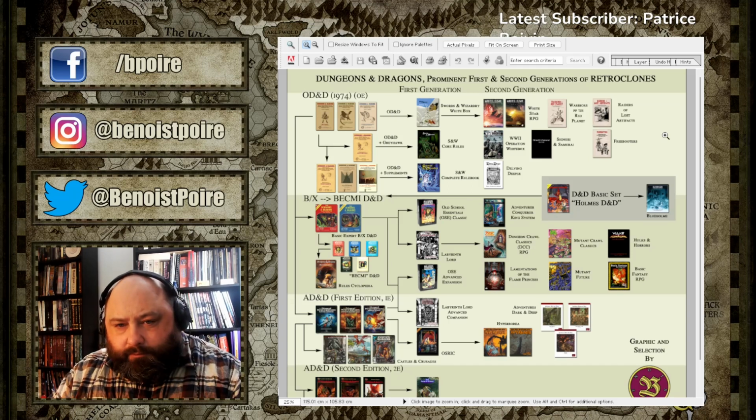Now, we have a few elements here that deserve definitions. One is, speaking of clones, what is a retroclone? That's particularly a first generation retroclone in this graphic.